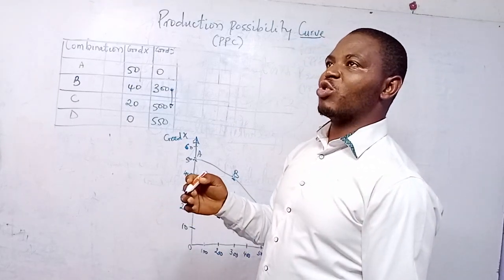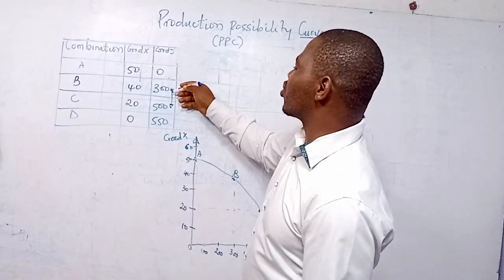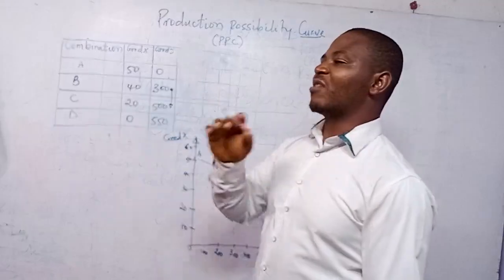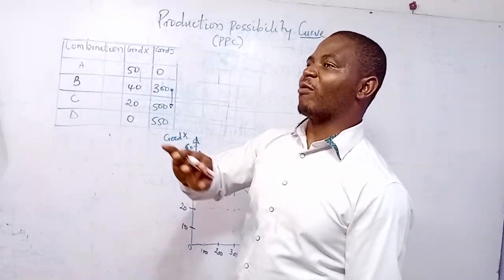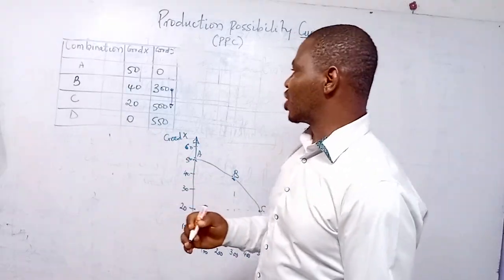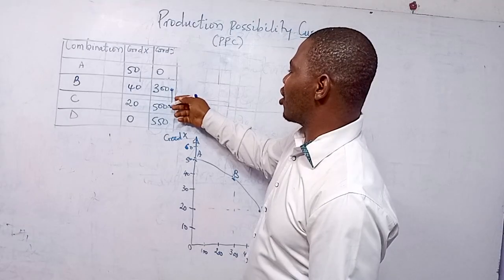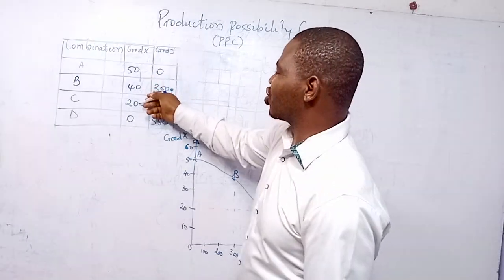How many units of good X reduced? Because if I'm increasing good Y, then I'm giving away, I'm losing some of the units of good X. So how many did you lose? So I've increased this by 200 and I've lost 20 here.